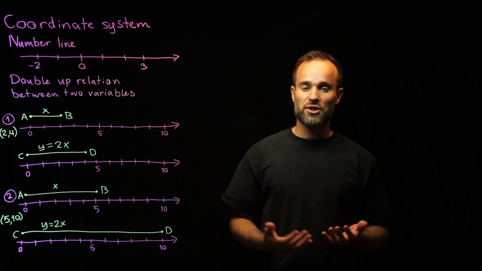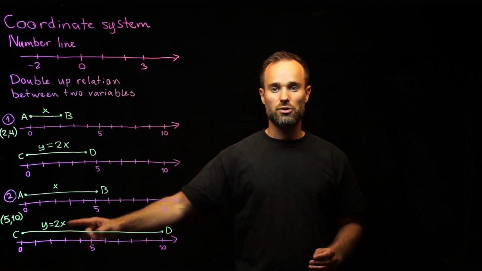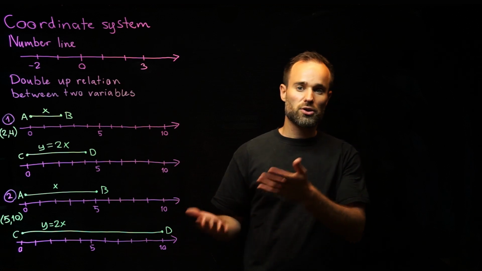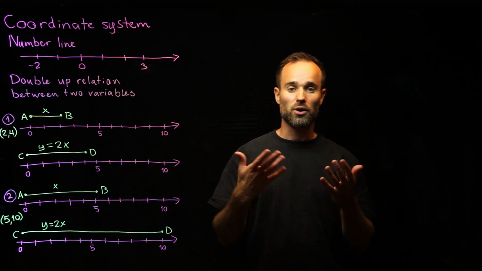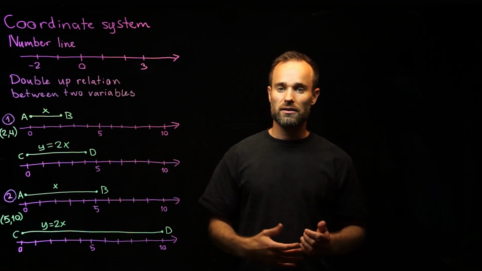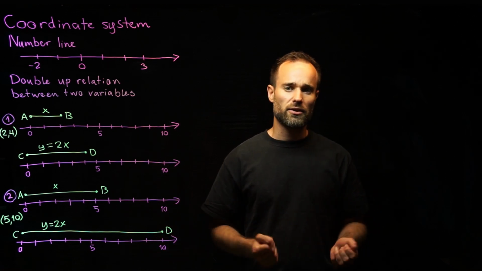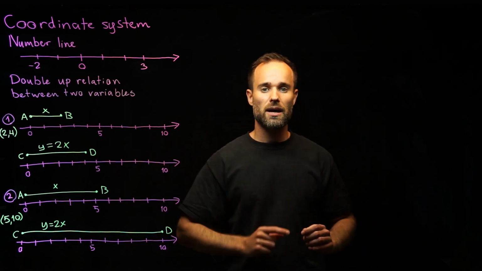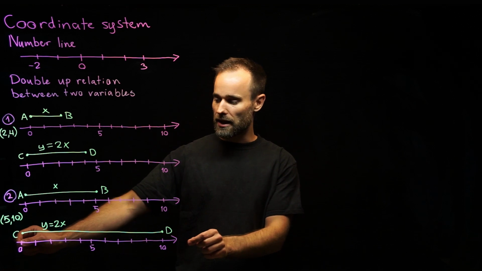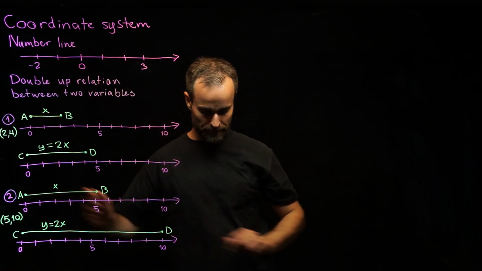For a simple relation like this one, y equals 2x, this picture works just fine. For more complicated relations, however, this visualization isn't very useful. But see what happens if we take the second number line and place it vertically.